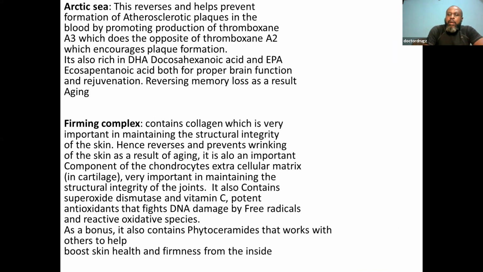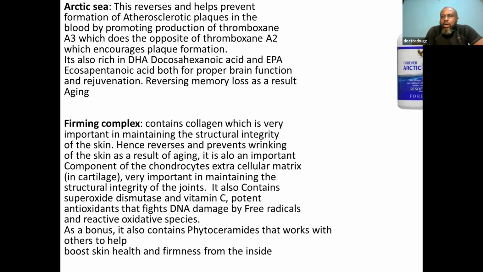So now we're talking about Arctic Sea. Remember, I showed you something about the Mediterranean diet. Arctic Sea is basically something that is going to help like a Mediterranean diet. Firstly, it contains thromboxane A3, which reverses the negative effect of thromboxane A2.